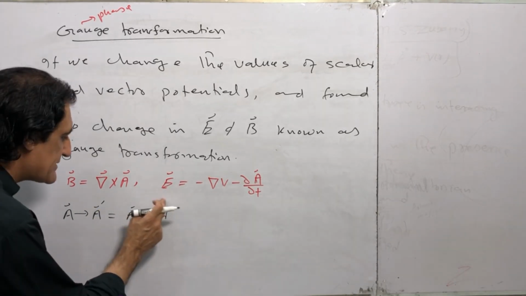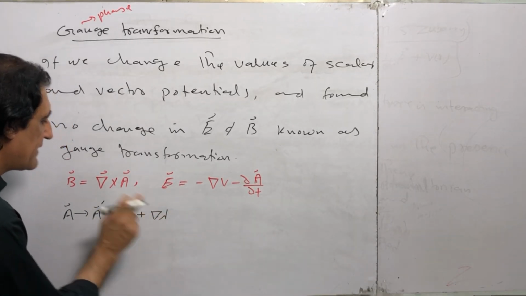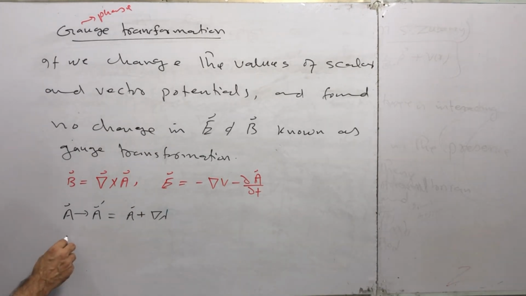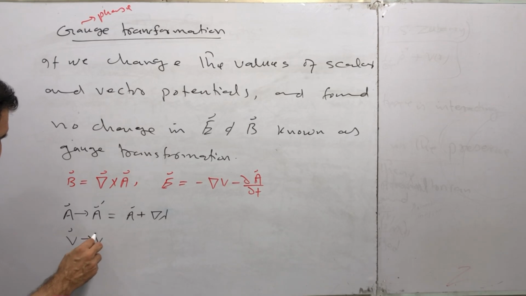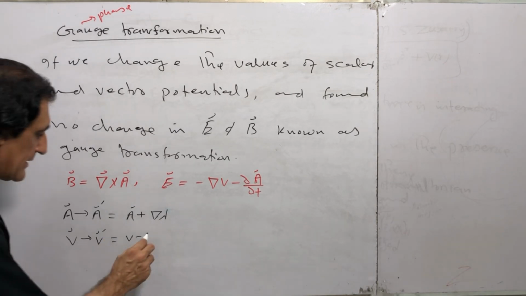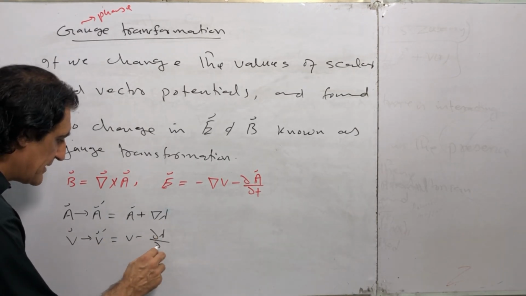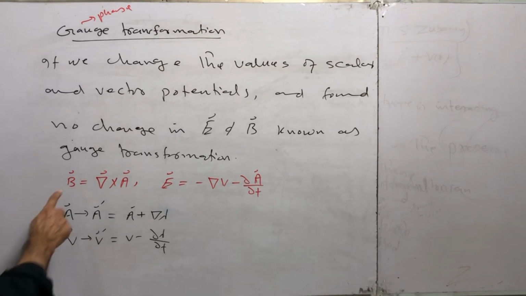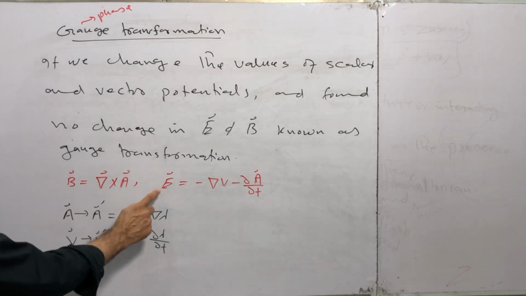We have added a factor like del lambda, and similarly V can be replaced by V prime, which is equal to V minus partial lambda divided by partial t. Now we have the two fields B prime and E prime.